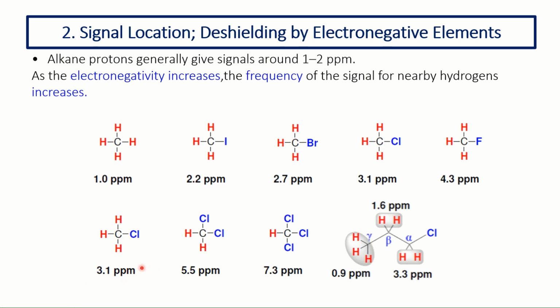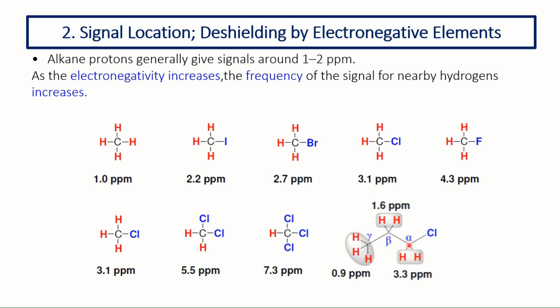It reinforces this inductive effect, and it's cumulative. So if you look at this chloromethane at 3.1, and we compare it with chloroform at 7.3 because of the three chlorines. Herein, you can see that as we move away from the chlorine in this chloropropane, then the deshielding effect decreases.